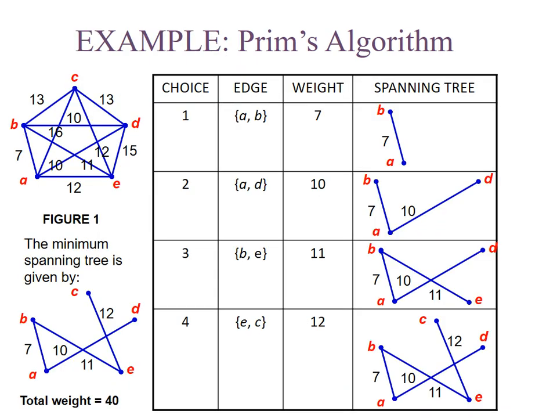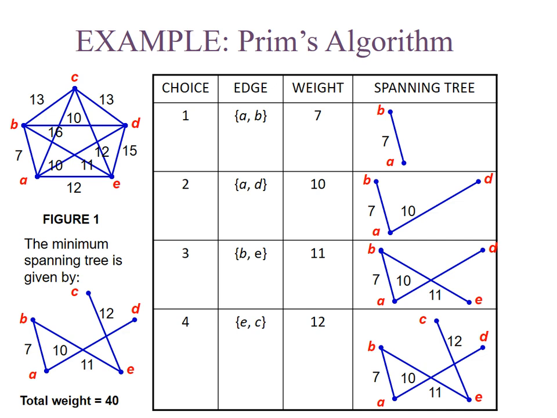All right, so maybe we can see this example. Once we have this graph K5, and we have a weight along each edge. So the first step is to choose the edge with least weight. In this case, you can see we have 7, 10, 11, 12, 10, 13, 15, and 16.